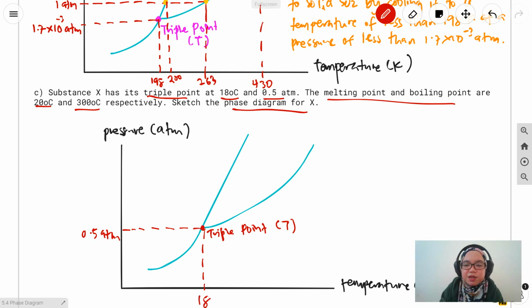Now, dia kata the melting point and boiling point are at 20 degree Celsius and 300 degree Celsius. So, kat sini kita nak tengok dia punya melting dan boiling point dia. Kita cakap ini, so inilah dia punya 1 atm. Okay, so kita buat macam ni.